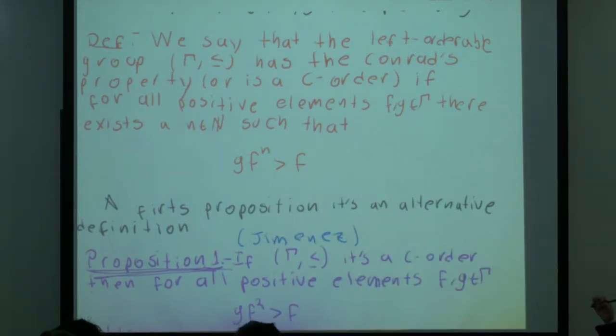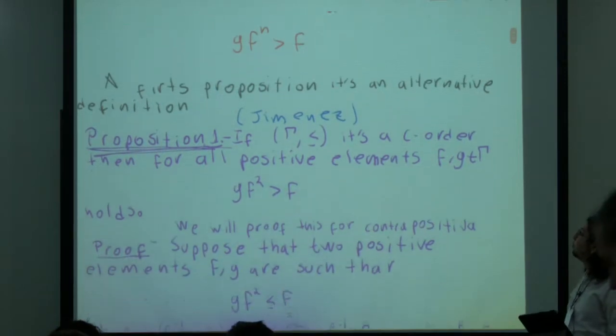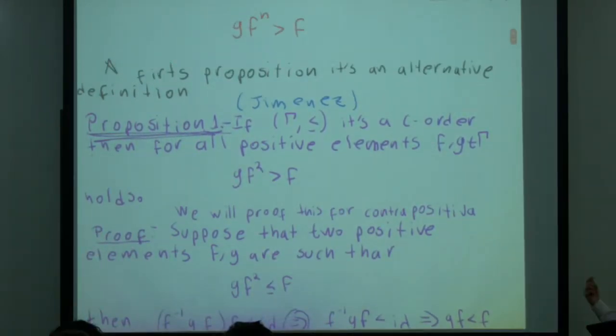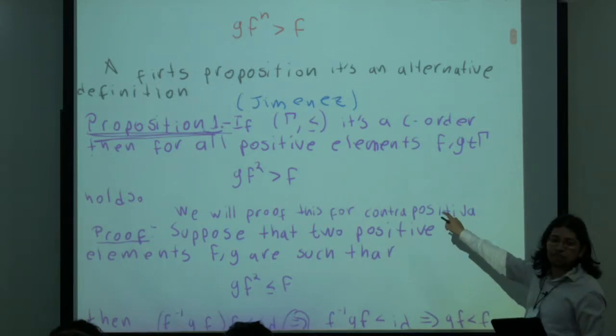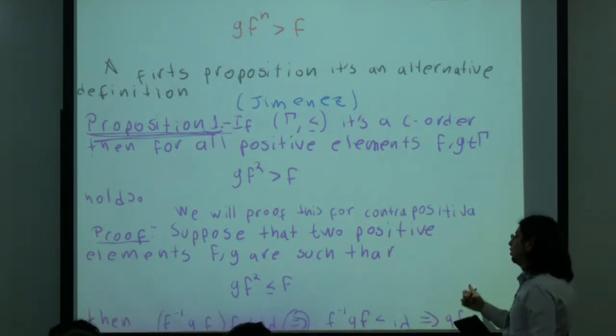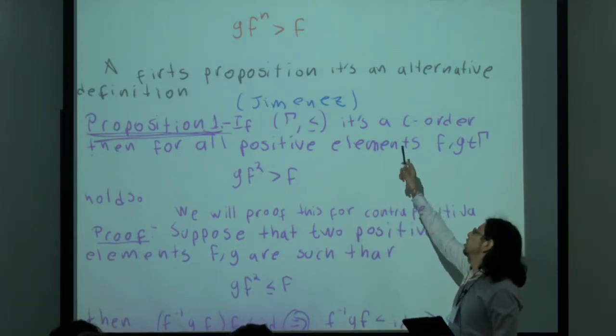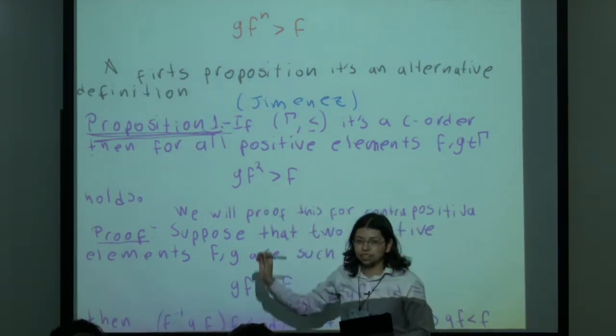This is a little weird definition, but one of the exercises from yesterday was to prove that we can change the number n in the definition to only 2, right?